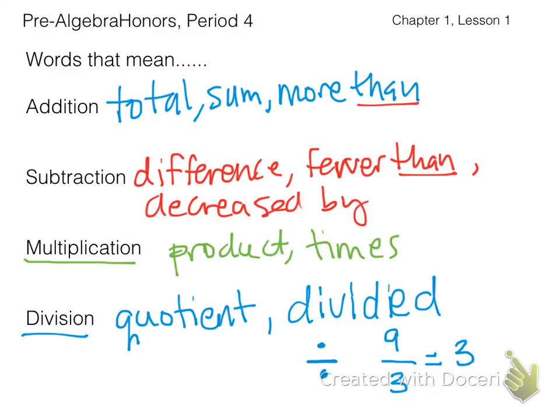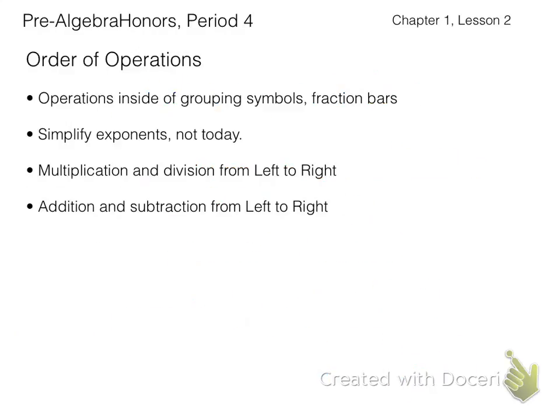There we go. All right, you guys ready for the second lesson of chapter 1? It's pretty easy. It's order of operations. So order of operations hasn't changed since last grade, so just pay attention. We're going to do grouping symbols first, and that includes fraction bars. You will not see any exponents today, so you don't have to worry about that.